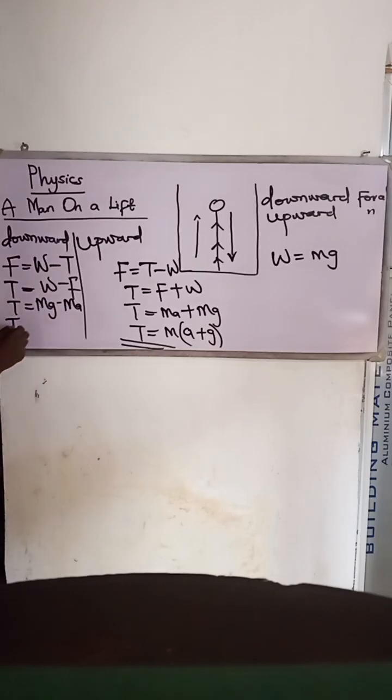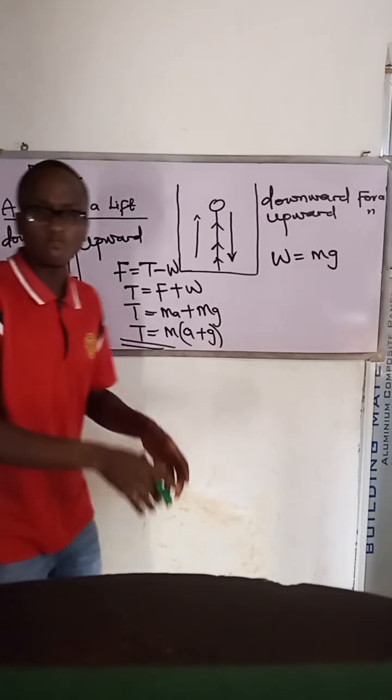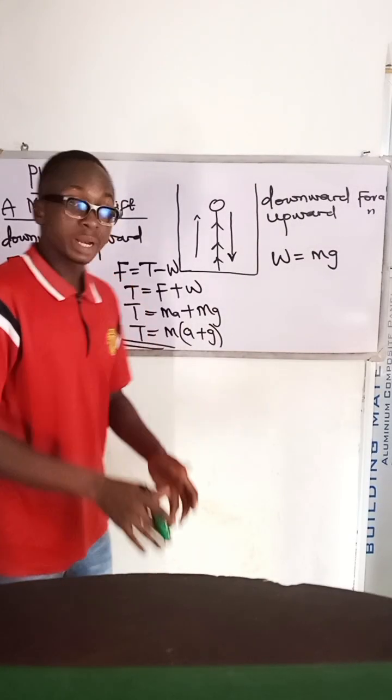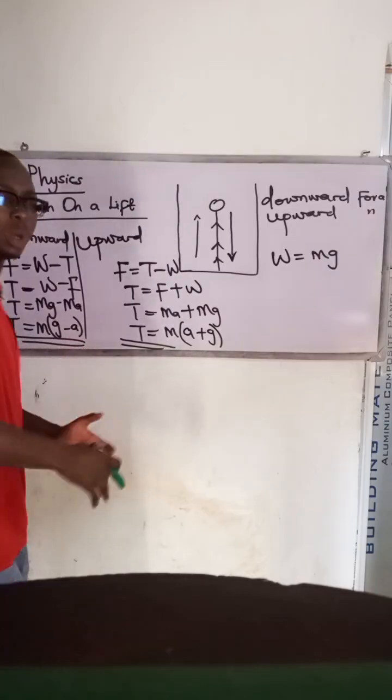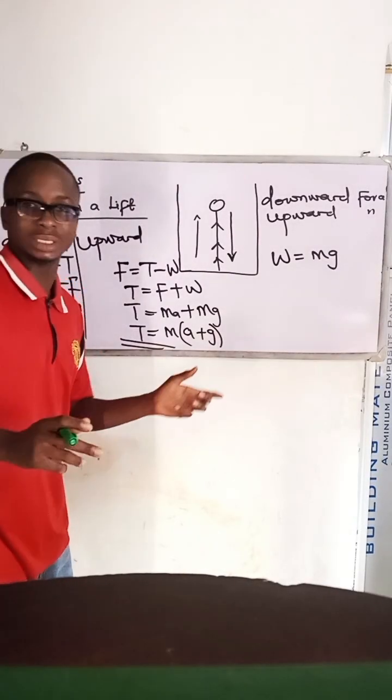What is common here? m, we factorize. m times g minus a. This is the formula we use when the man is moving downward. When the man is moving downward, we say that his weight is more than the tension. When the man is moving upward, we say the tension is more than the weight.